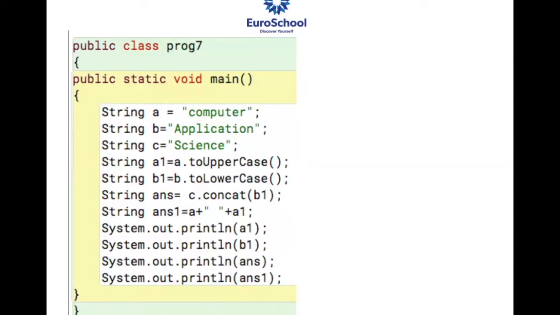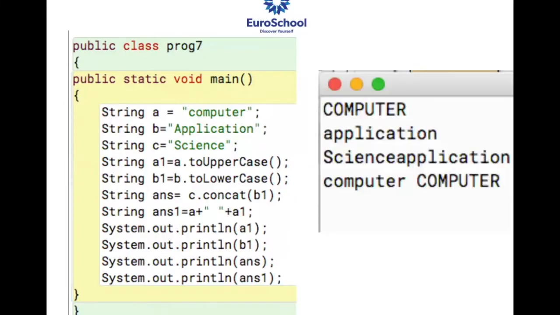No, A will be lowercase and A1 will come in capital. Perfect. Because it says A1 toUpperCase. Okay. So, would there be any blank space? Yes. Simran, right? Yes, ma'am. Okay. Ma'am, I had a doubt in this. Yeah. I didn't understand this one, ANS1.